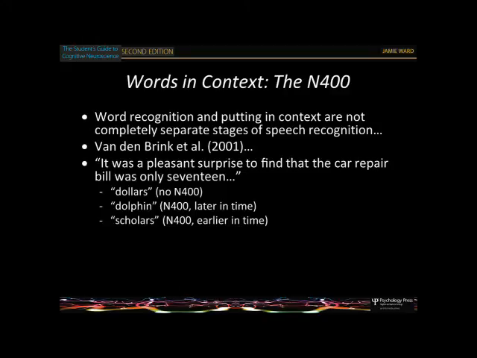And what you find is that when you get scholars, you get your N400 earlier than with dolphin. Even though both are semantically inappropriate, with scholars the onset is earlier, because you've got a mismatch between the s and the expected d. Whereas with dolphin, you've got to wait for the fourth phoneme before you realise, hang on, there's something amiss here, I'm not getting the right semantic context.